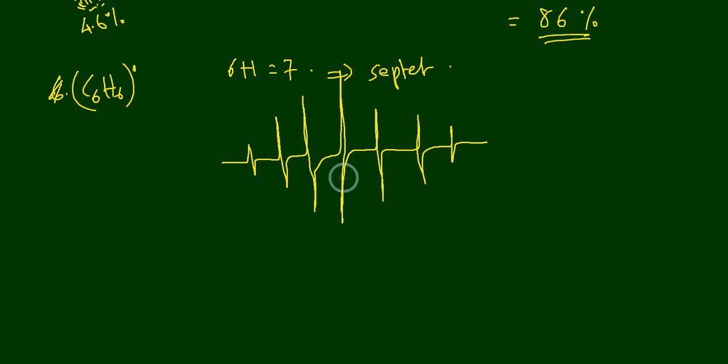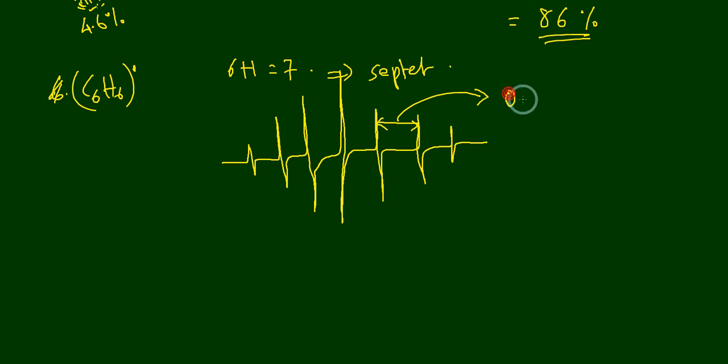All the 7 peaks are equally spaced, even though my drawing is not very good. So you will see a septet here, and the coupling constant, meaning the distance between two adjacent peaks in the ESR spectrum, will be equal to 0.38 millitesla.